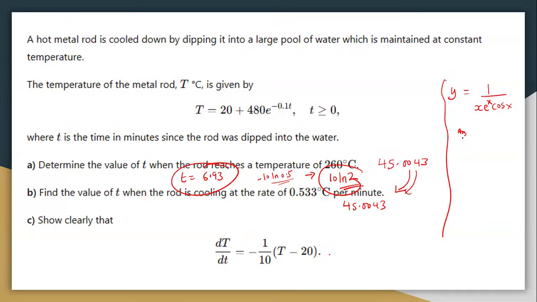But your answer will be something like 1 out of x e^x cos of x into negative 1 out of x plus tan of x minus 1. Something like that. Okay, members, I think those ones will be enough. Once you get those answers, we shall be very safe. We shall add more.